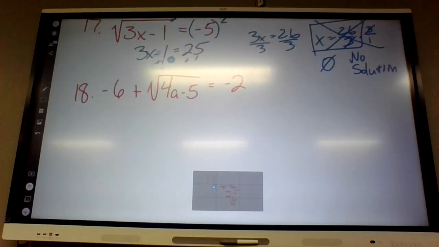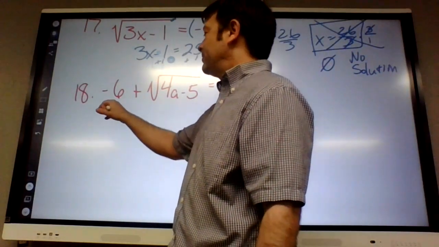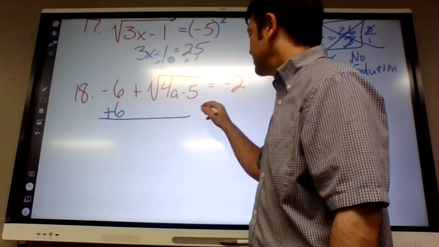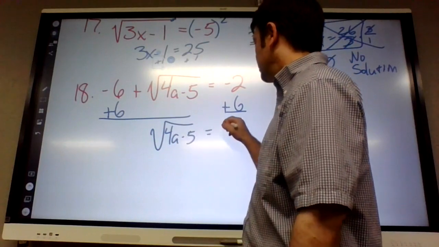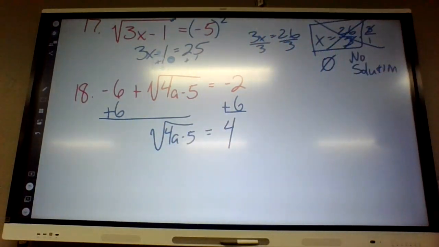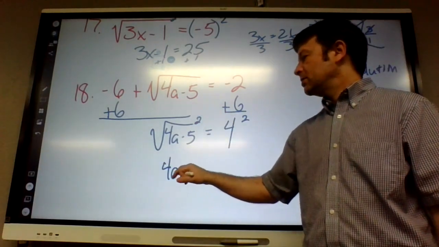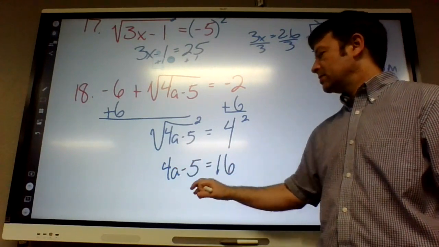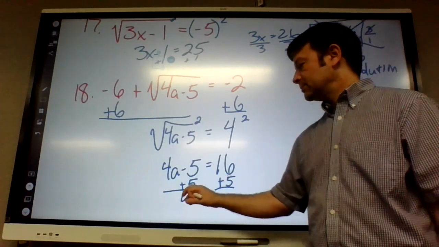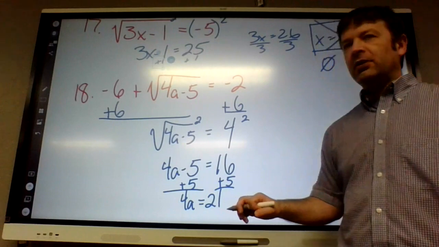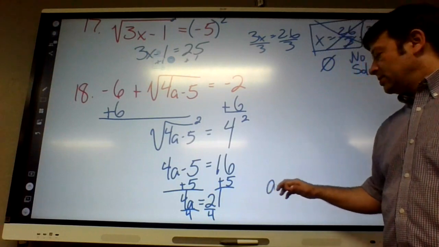Carolyn, what should our first step on 18 be? It would be to add -6 on both sides. So we have square root of 4a minus 5. Then you would square both sides. That would be 16 for a minus 5. Plus 5, right? Then 21 equals 4a.